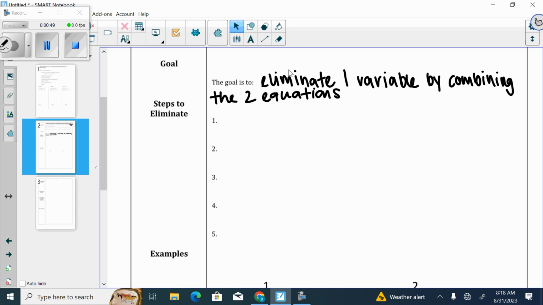Okay, and then just like yesterday, there's going to be a list of steps we need to follow to do that. So our first step is going to be to make sure that our equations are in standard form.